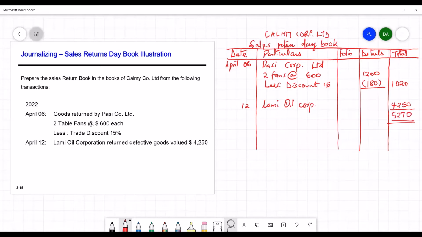This total should be transferred to the sales return account in the general ledger. That is where the total should be transferred, while the individual transactions will go to the individual accounts receivable accounts of the various customers who have returned their goods.